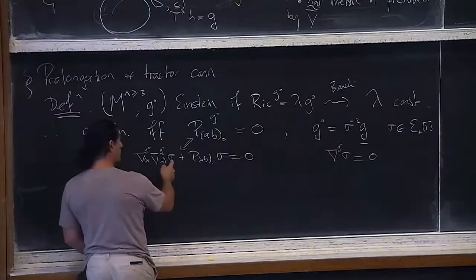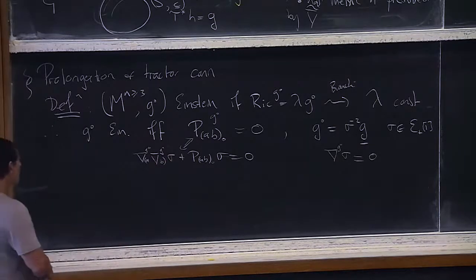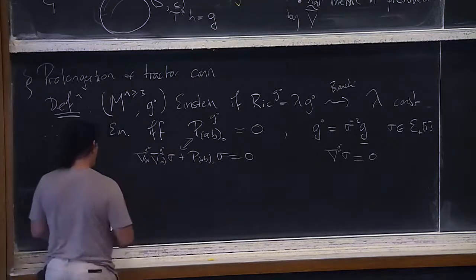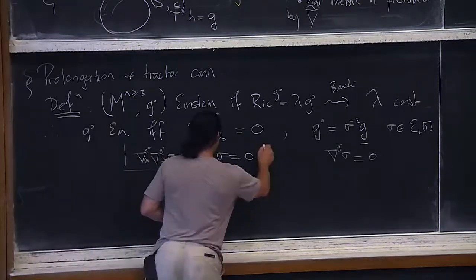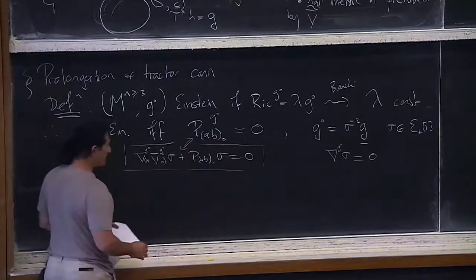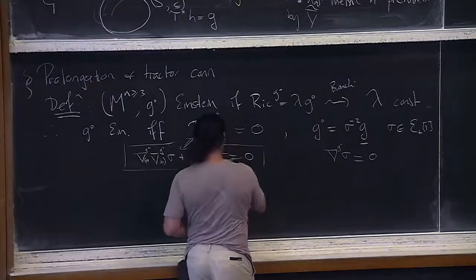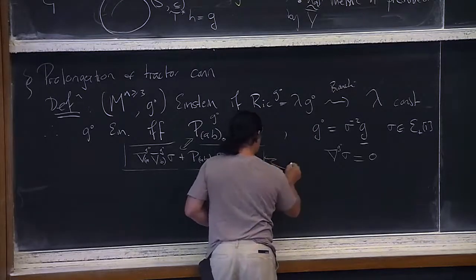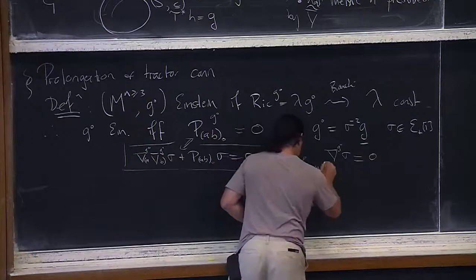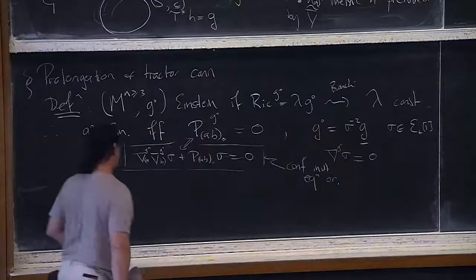And then I added 0 because this derivative kills sigma. Good. So certainly this is equivalent to that. But remember, everyone did their exercises from yesterday and checked that this was a conformally invariant equation on densities of weight 1.